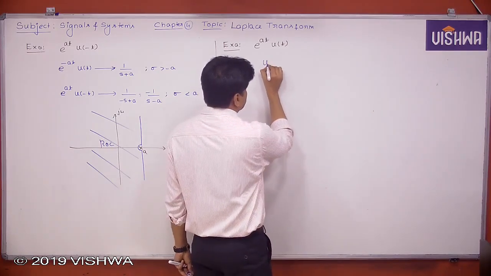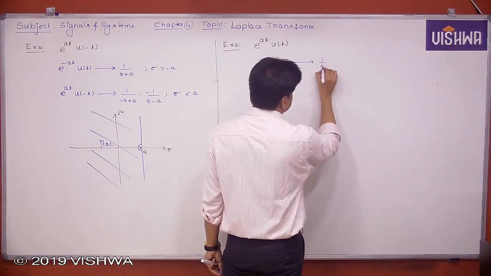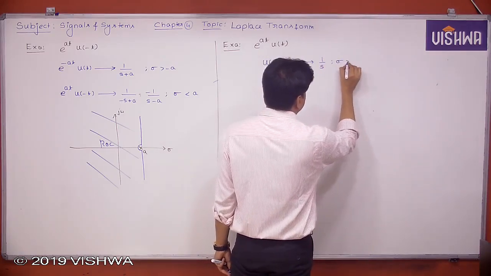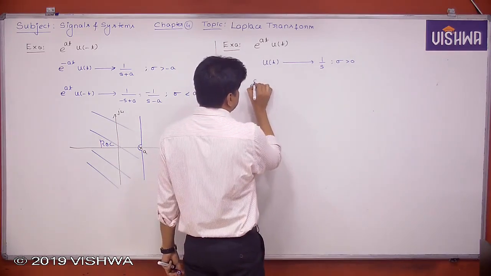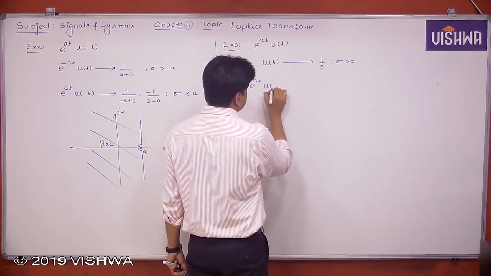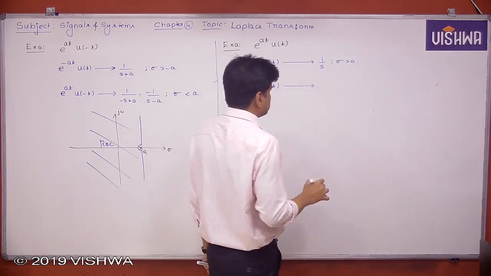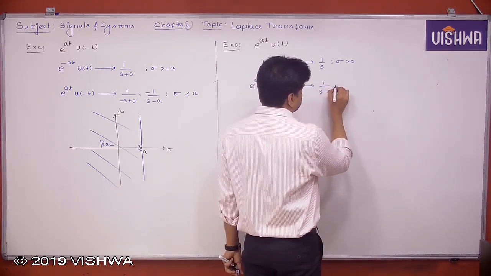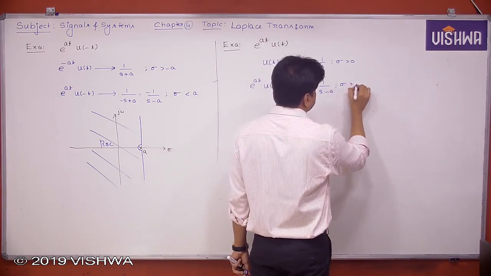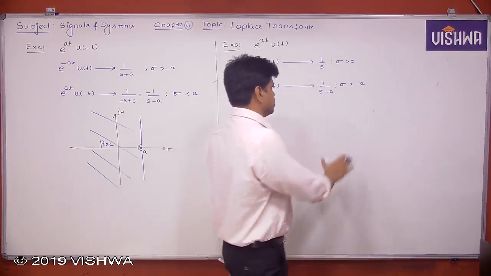We know u of t is 1 by s, sigma greater than 0. If it is multiplied with e power at, by the multiplication of exponential property, we have to replace s with s minus a. 1 by s minus a, sigma greater than minus a. Directly I am writing sigma greater than a. Sorry, not minus a. It is a.